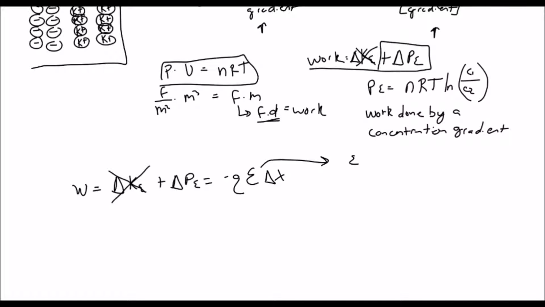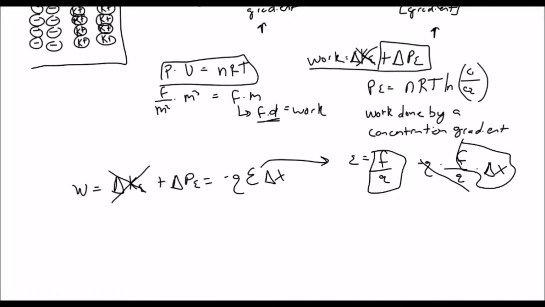The electric field is equal to the force divided by the charge. So if we put this into the equation, we would have negative Q times force over Q times delta X. Whenever we cancel these out, we get, again, force times delta X, which, force times distance, is equal to work. So this seems to make sense.